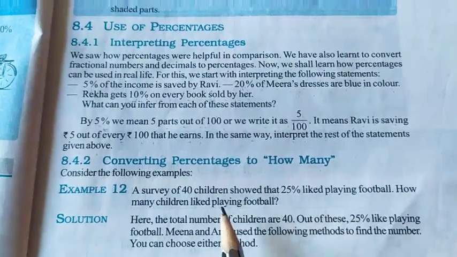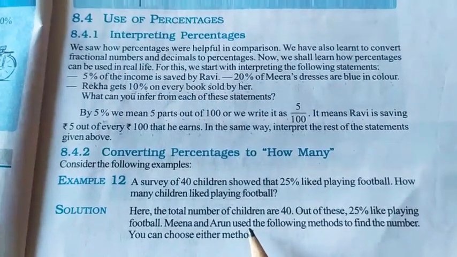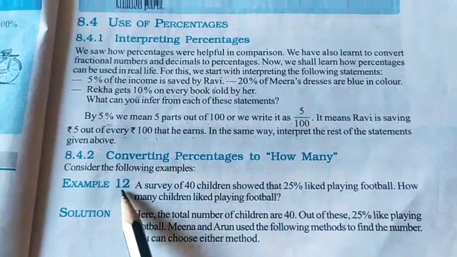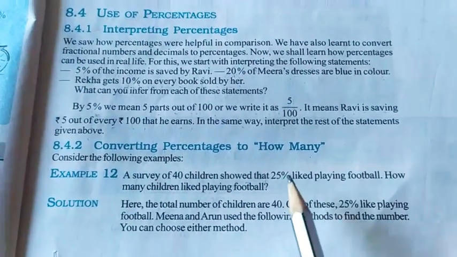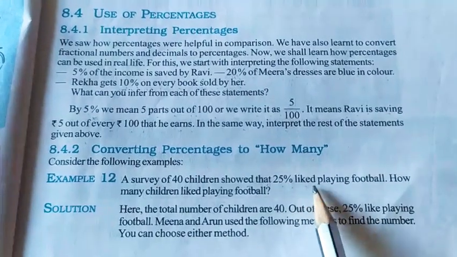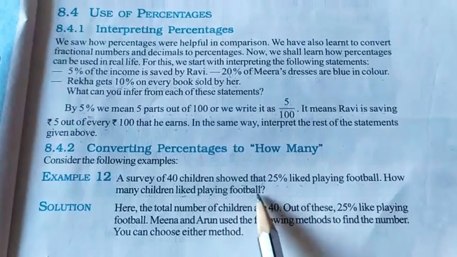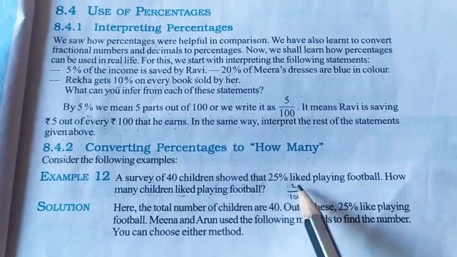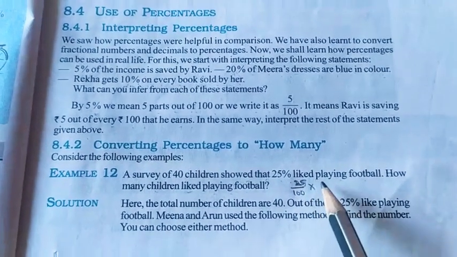Now, converting the percentages to how many. Okay, here they will give some word problems. According to that word problem, we have to calculate how many or how much of things there are. Okay, so here is an example. A survey of 40 children showed that 25% liked playing football. How many children liked playing football? Okay, out of 100, 25 are liking football.